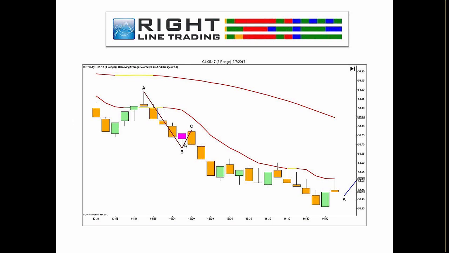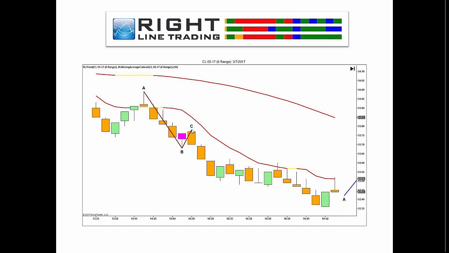And I'm going to place my order one tick below the close of the candle and wait for the C to complete. Now, if it doesn't complete, then the ABC pattern disappears, because if it didn't complete, it never occurred. This is just telling you have the possibility for an ABC. If the ABC occurs and fails, you'll see it on the chart. But if the C doesn't engulf the B, this ABC pattern will vanish.